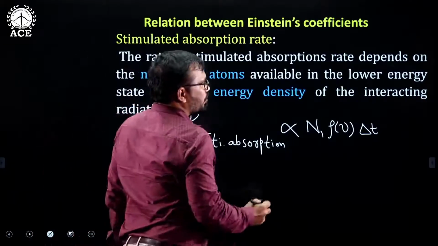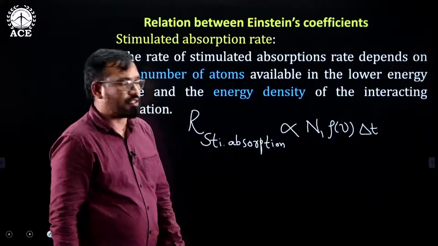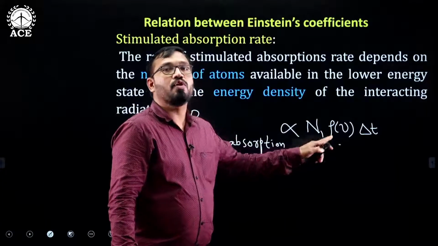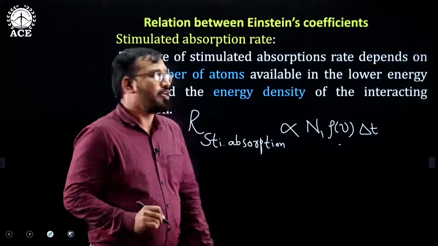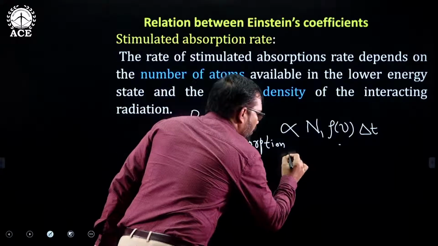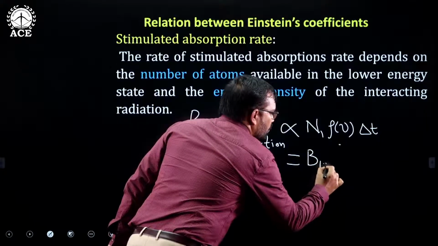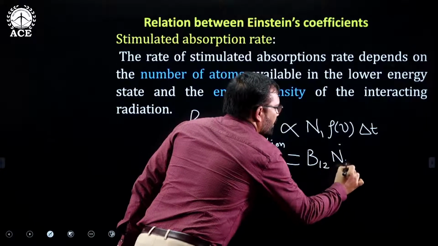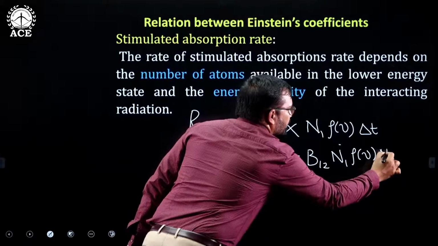So here, what is N1? Number of atoms present in the ground state. What is rho nu? Photon density. What is delta T? Transition time. When you remove the proportionality, you get a constant called B12: R equals B12 N1 rho nu delta T.